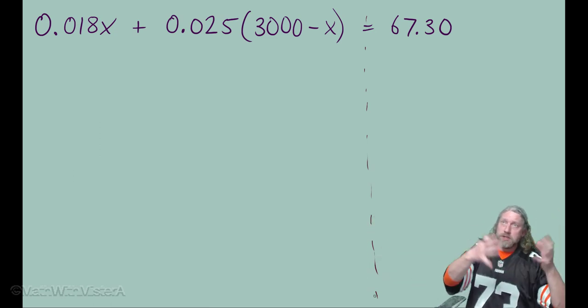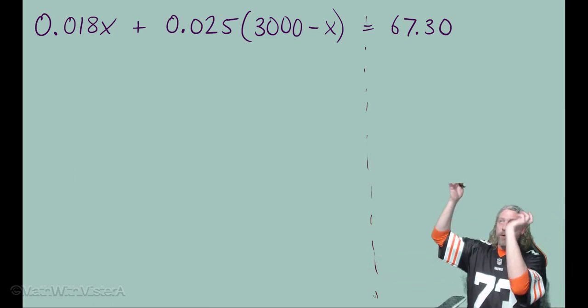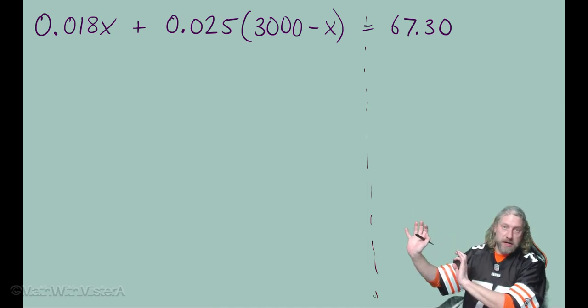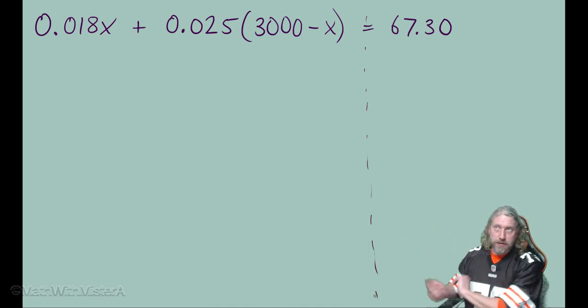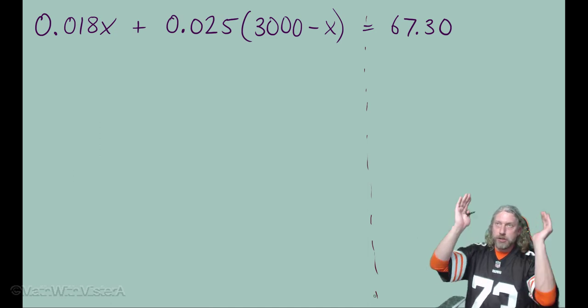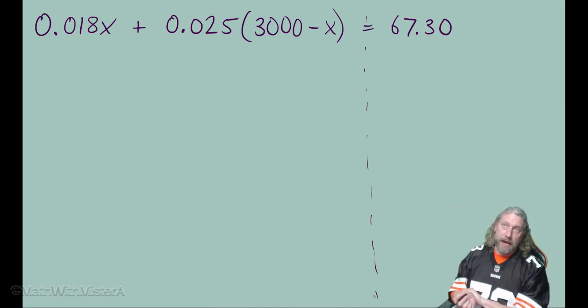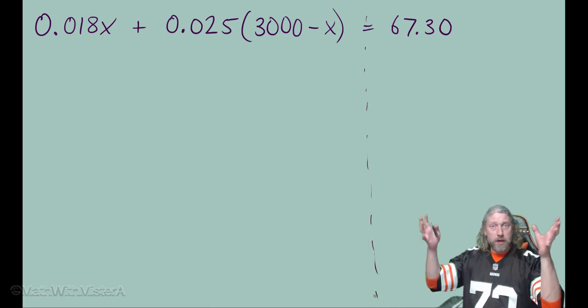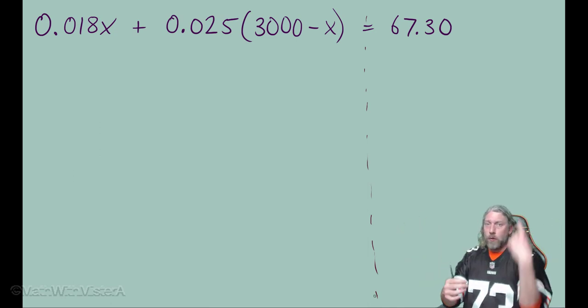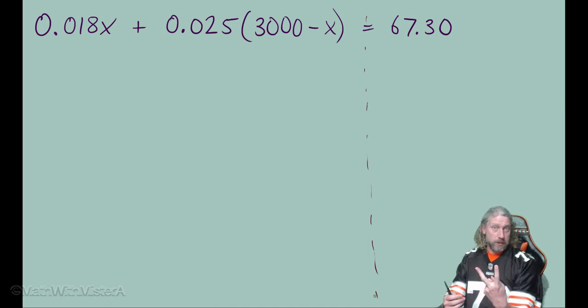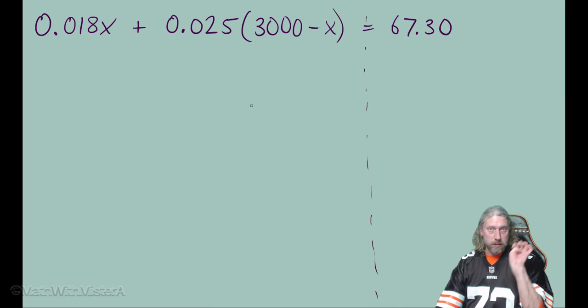All this unknown stuff on the left side equals 67.3 on the right side, $67.30. But let's start just looking at this side where we have all the algebra and look for the ways that we can do some simplifying, because we ought to be able to get this down to just one variable term and one number term.